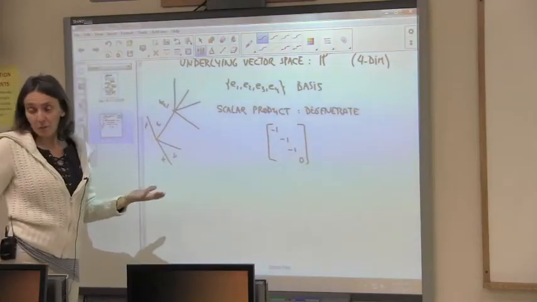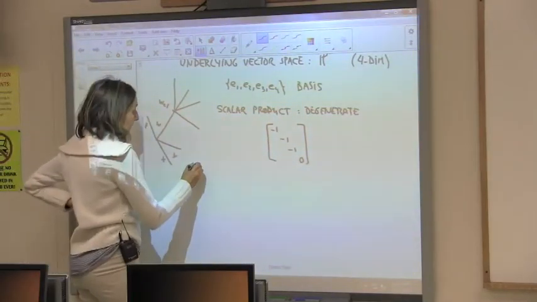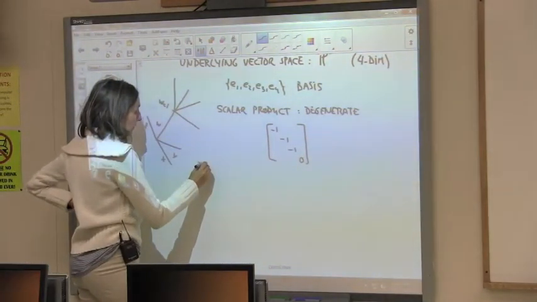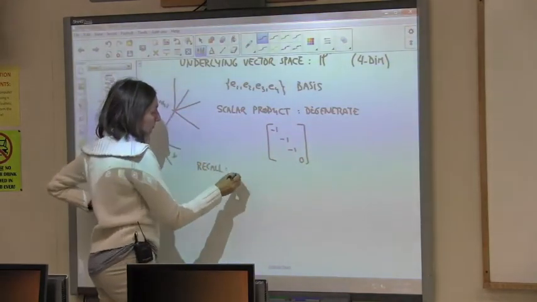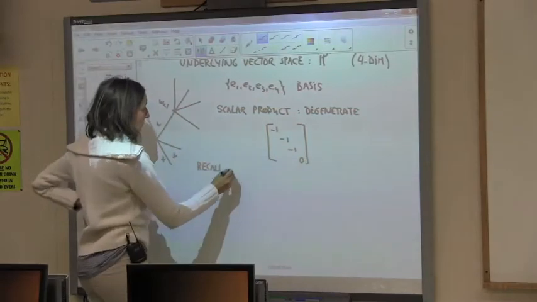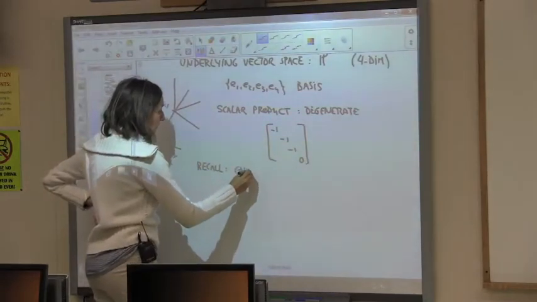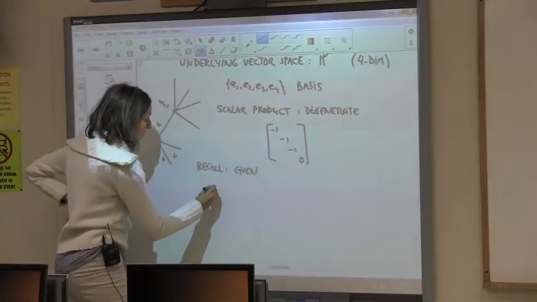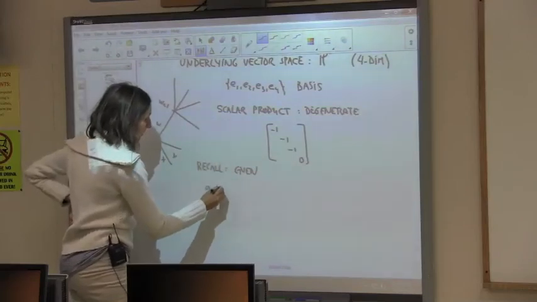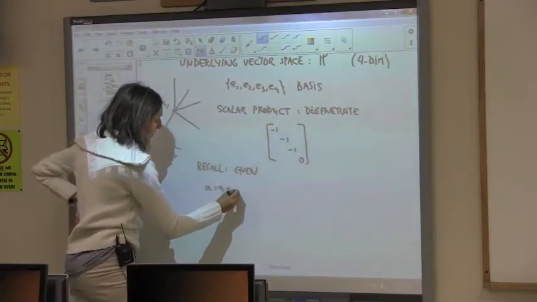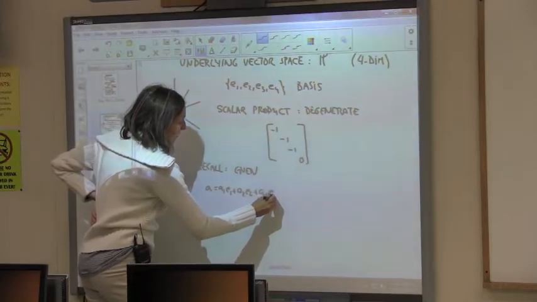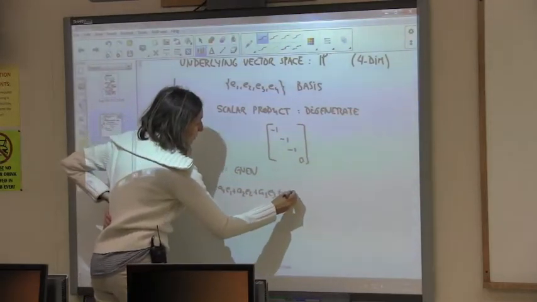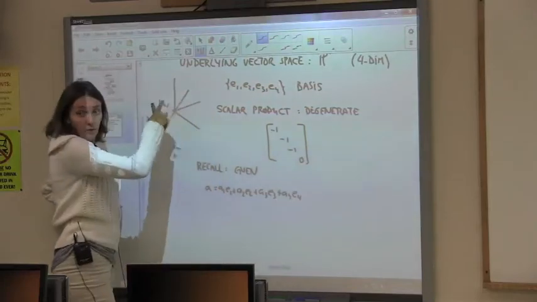So now let's start operating. Remember that the Clifford product, if we had 2 elements, so given for instance a vector A, which will be A1 E1 plus A2 E2 plus A3 E3 plus A4 E4, so just a vector of this vector space.